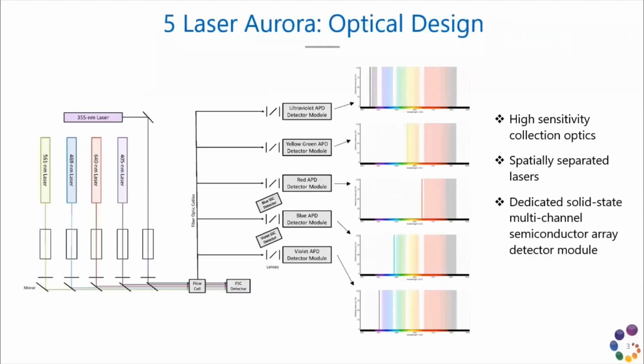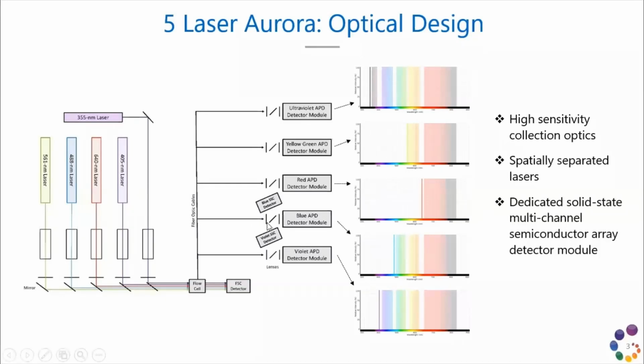For the 5-laser Aurora, it comes with a 355 nanometer laser, 488, 405, 561, and 640. All of these lasers are spatially separated as they pass through the flow cell. From there, any emitted light from your sample is collected by the fiber optic cables and passed down to the APD detector modules. These modules are highly sensitive and have low noise, and there is one array dedicated to each laser line.